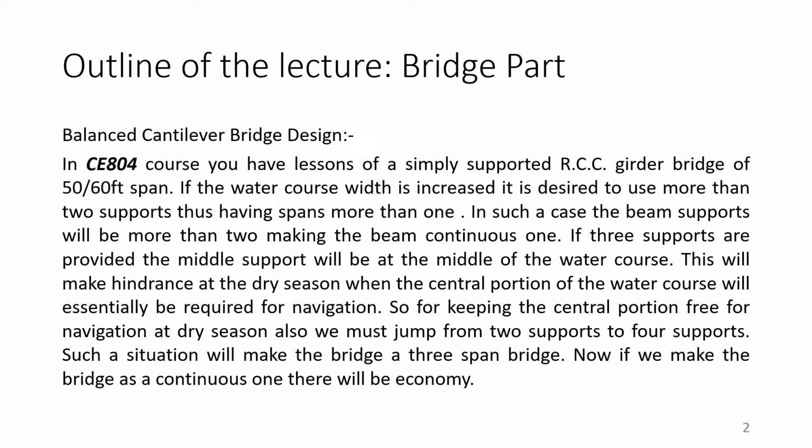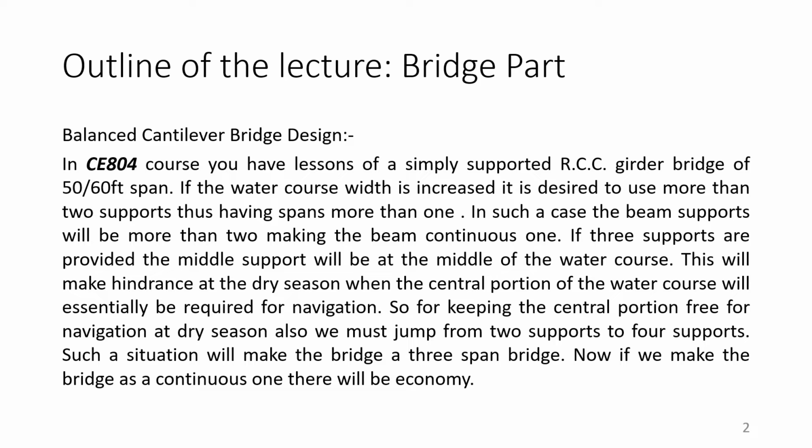In that case, the girder depth will be so big that it will block the waterway. So we will go from 2 to 3 supports, or 2 spans, or 3 to 4 supports, 3 spans.